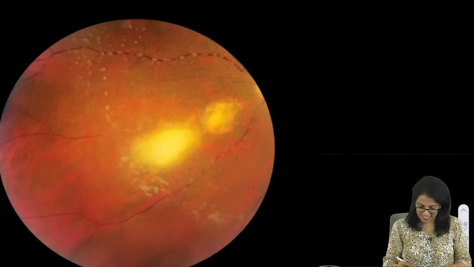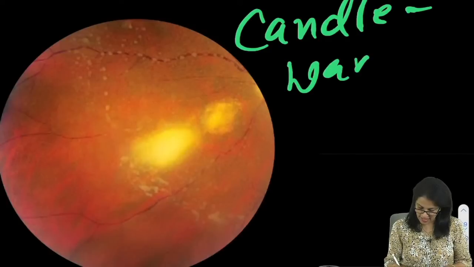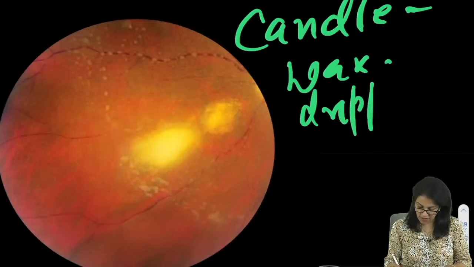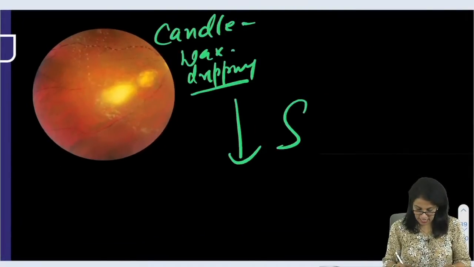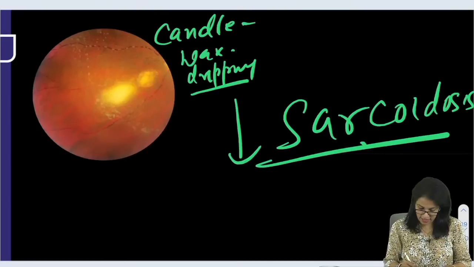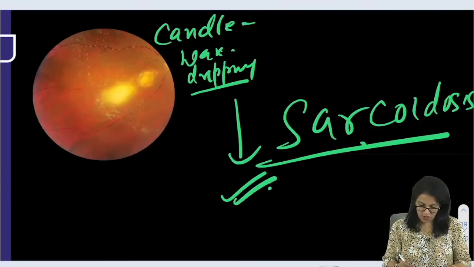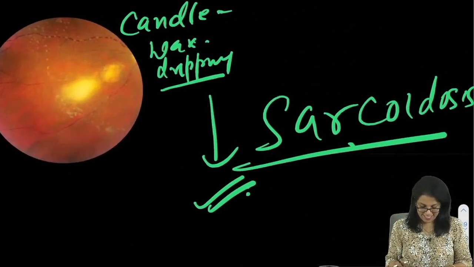No, this is what is called candle wax drippings. So, what were candle wax drippings? Thick venous sheathing of periphlebitis in sarcoidosis. So, we are looking at candle wax drippings, which is a feature of sarcoidosis, which is thick venous sheathing of periphlebitis. Okay?